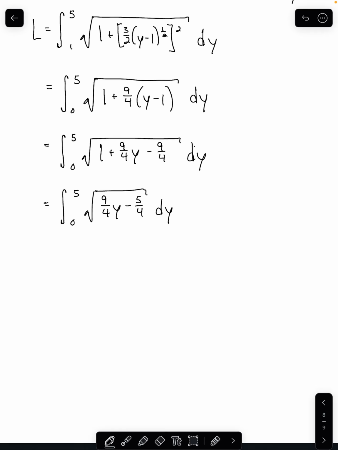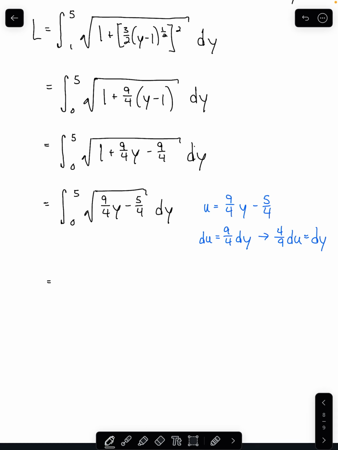We can now let u equal 9/4 y minus 5/4, so that du is equal to 9/4 dy, or 4/9 du is equal to dy.